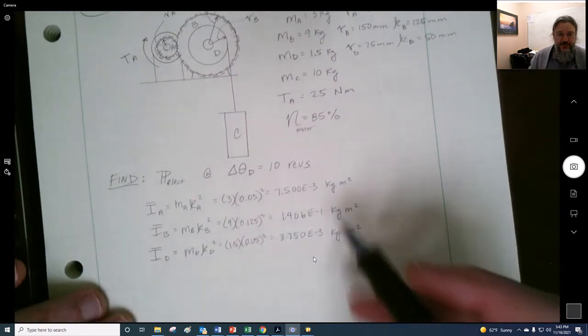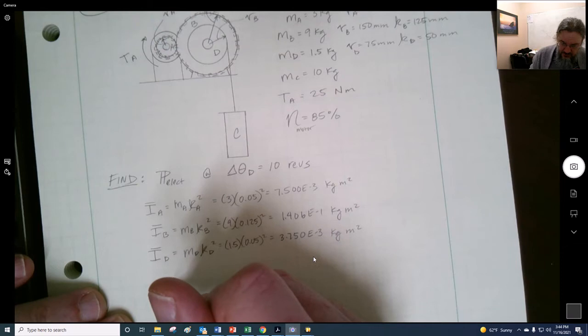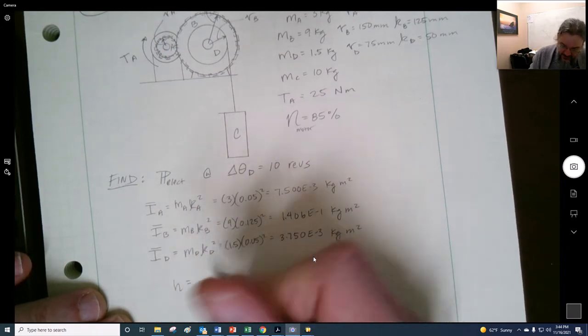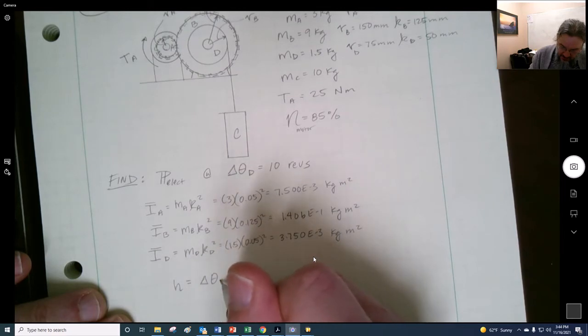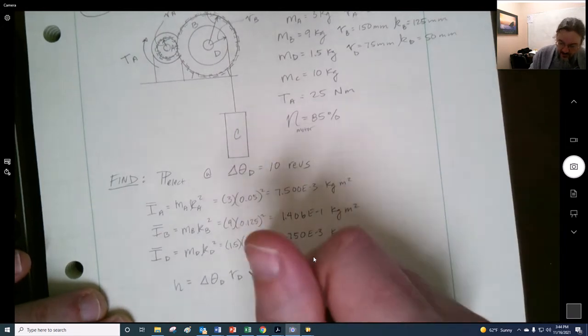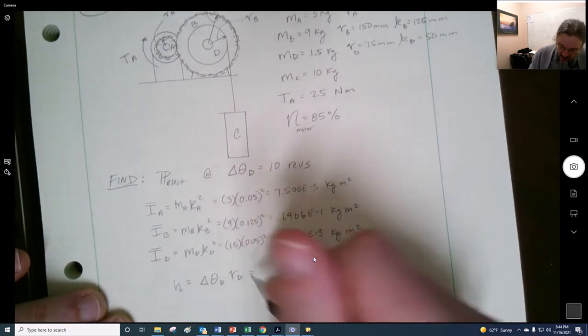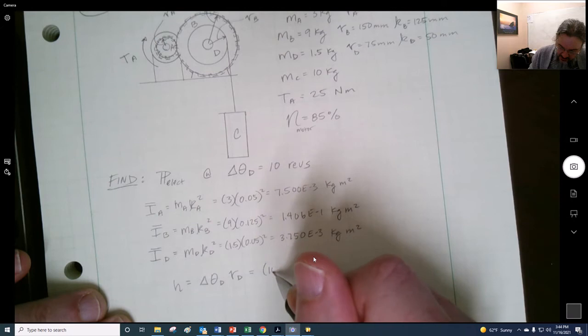And the number of revolutions of D, so we could say the height is going to be delta theta D times RD. The number of revolutions needs to be turned into radians.